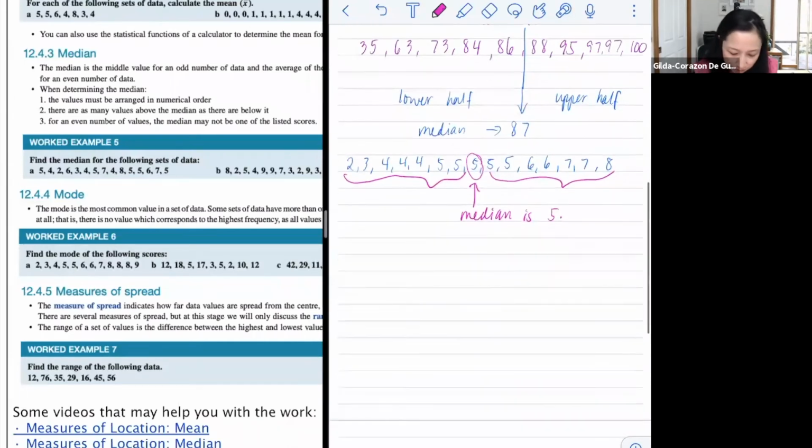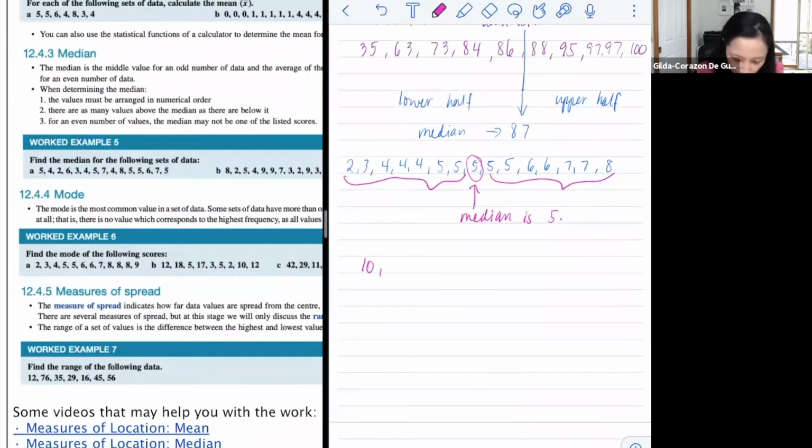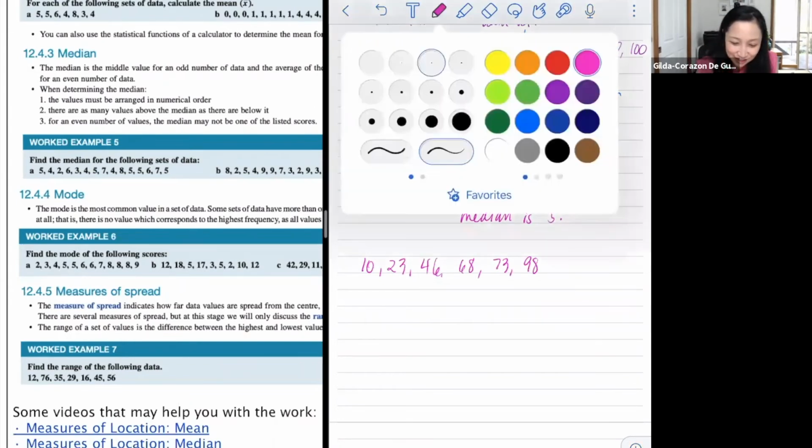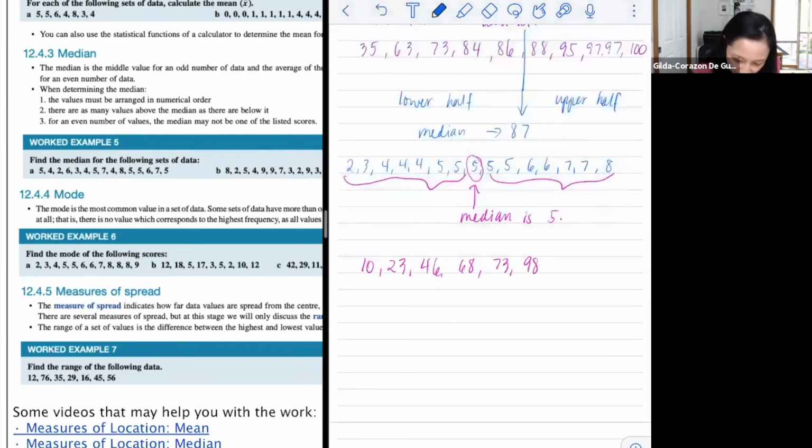Let's use your numbers. I like that. 10, 23, 46, 68, 68, 73, and 98. Okay, so we've got an even number data set here. What we want is to divide this data set into 2 equal parts.